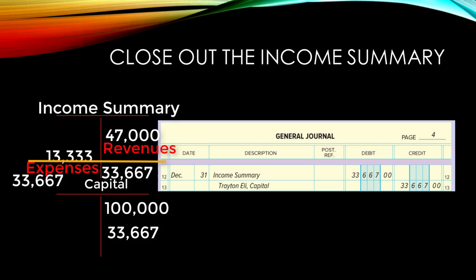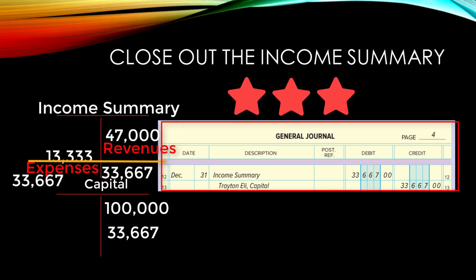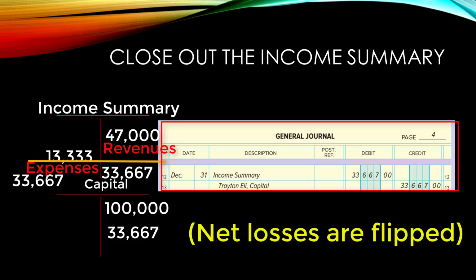So with that last journal entry, that net income pulled his capital account up. The way we increased his capital account was with a credit. Take a moment to review this screen again. There's a lot going on, and this journal entry probably gives students the most trouble of all.